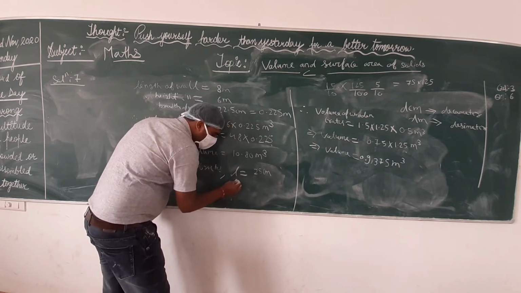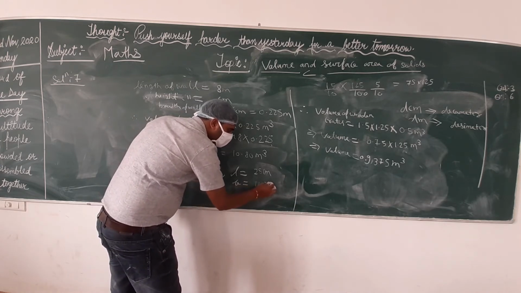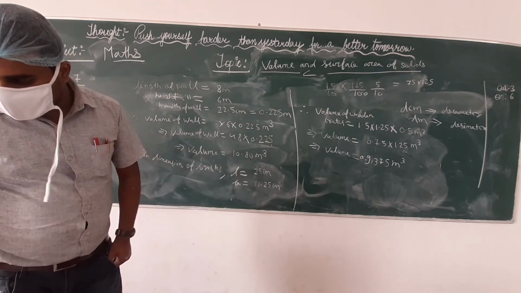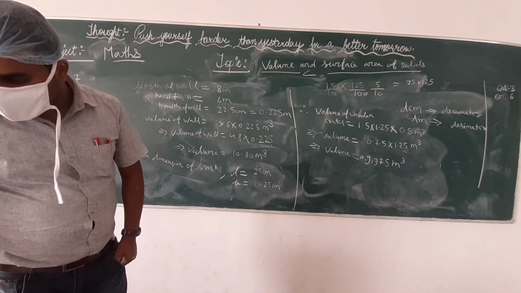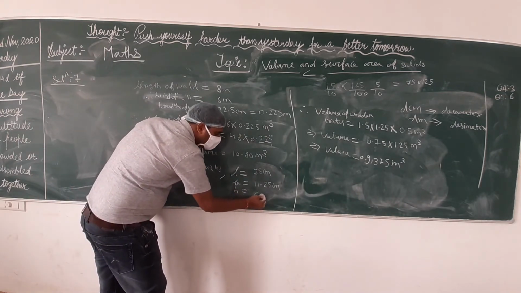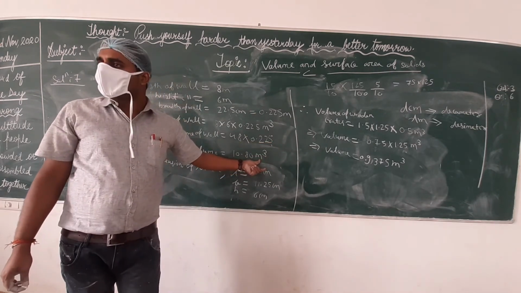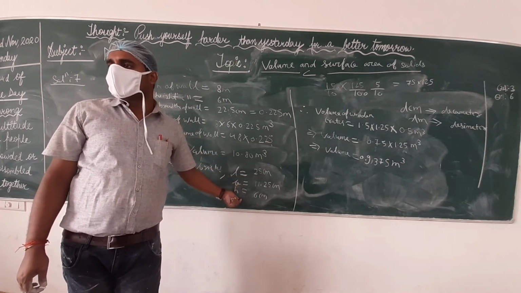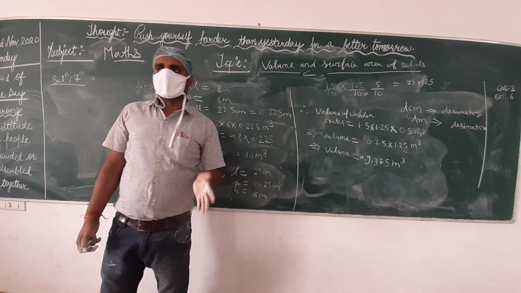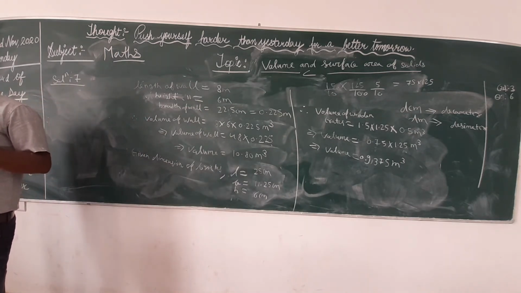Width given 11.25 centimeter, and height given 6 centimeter. You see that we have to calculate this quantity in meter cube. Otherwise, first we have to calculate in centimeter cube and divide by 100 cubed.